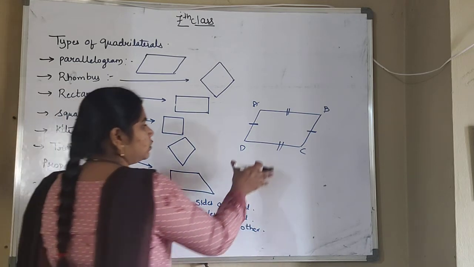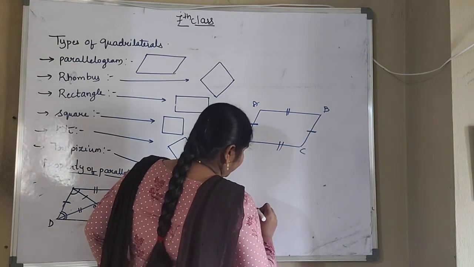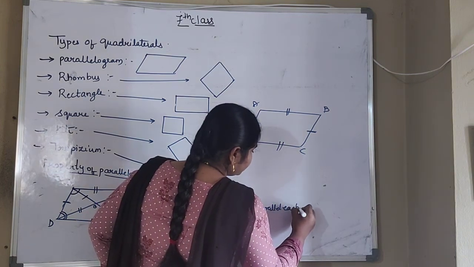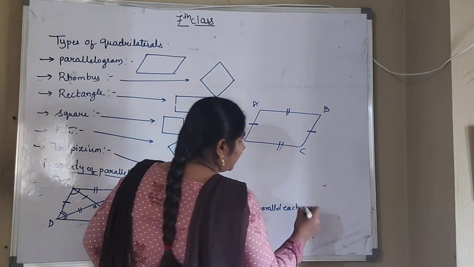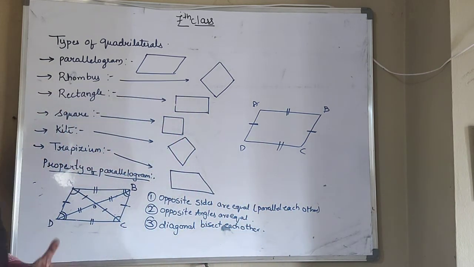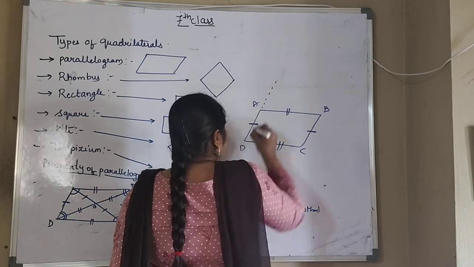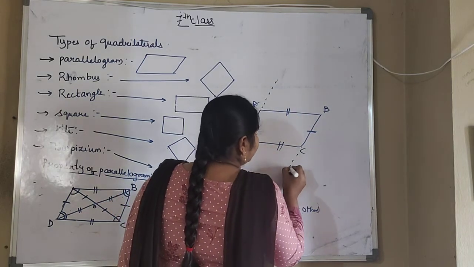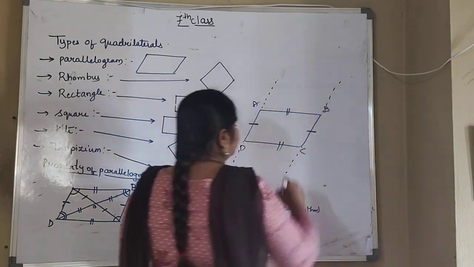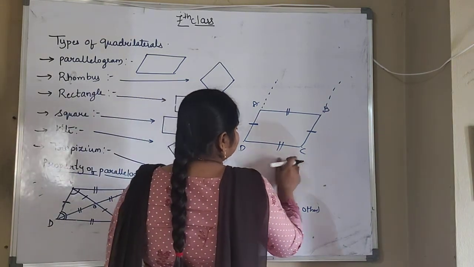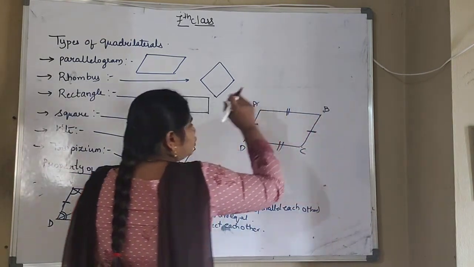Parallel means they do not have any intersection point. Suppose you extend this side and this side, they will never intersect each other. So the first property: opposite sides are equal and they are parallel to each other.